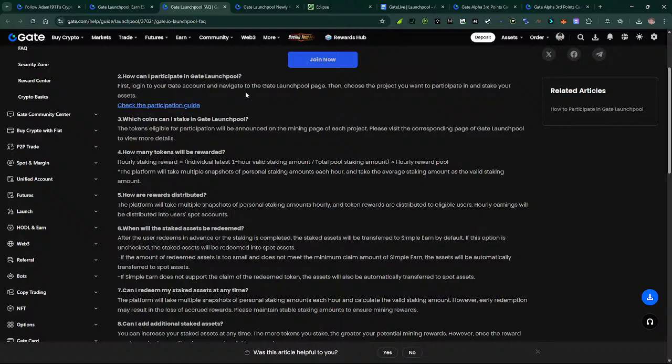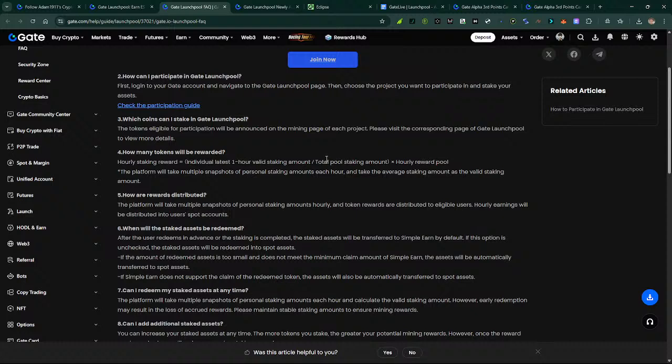That's super easy, to be honest. On phone, it is also the same. You will find the Launchpool icon at the front of your screen when you open the app. Just click on it and you can directly access. And if you are not finding it, just go to the Earn tab and there you will find the Launchpool section. So that's super easy as well.